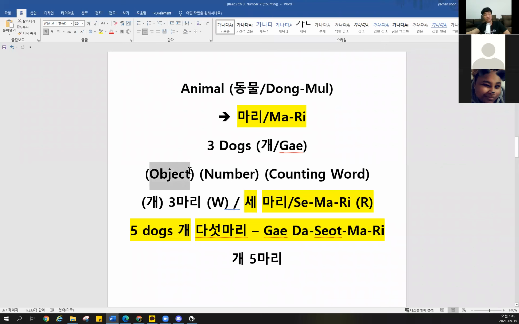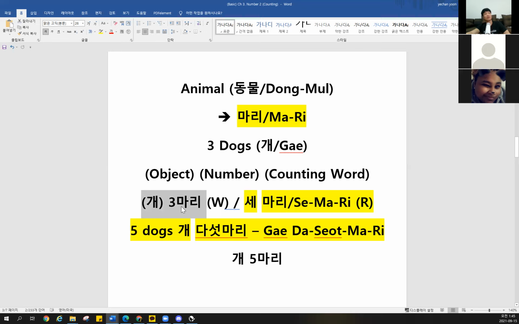So it's going to be dog, right? Dog, number, and then the counting word. What was the object? 개. Writing the number 3, and then the counting word, 마리. So 개 3 마리. This is how you write it.